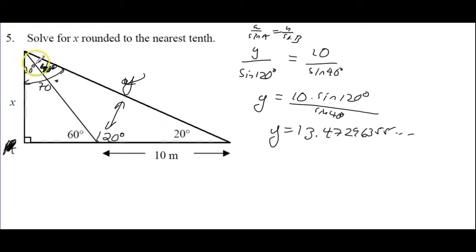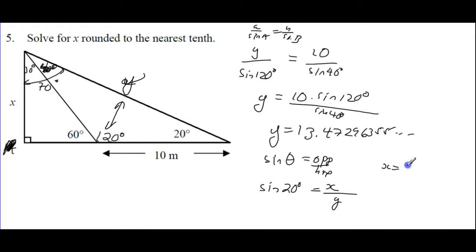And now let's use this big right angle triangle. And so we will say sine theta. Okay, that's theta. That's opposite. That's hypotenuse. So sine theta is opposite over hypotenuse. The sine of 20 degrees is x over y, right? y is the hypotenuse.